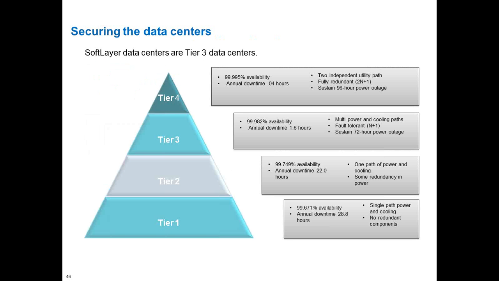And if you see how we run the data centers, we are a Tier 3 data center, which is just one step lesser than you running your own data center within your premise, which is the traditional bricks and mortar way. So if you need to get out of the own data center and run it elsewhere, the safest place to run is on the IBM SoftLayer public cloud.